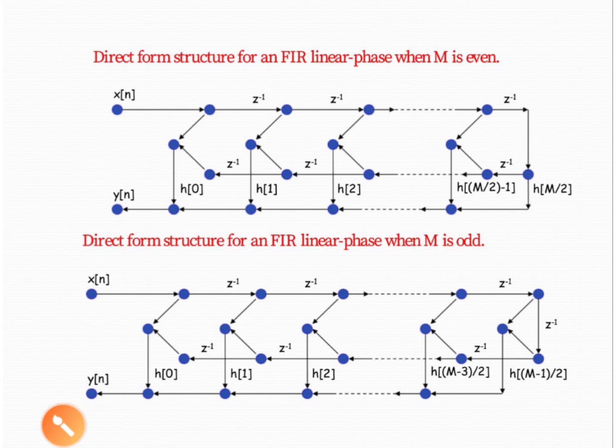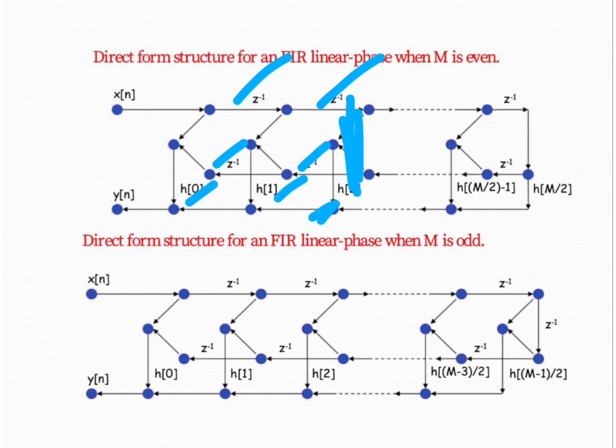So the connection is like this. If z to the power minus 4 is the highest power, our connection is z to the power minus 1, minus 2, minus 3 and minus 4 connected like this. You must understand how this is connected.